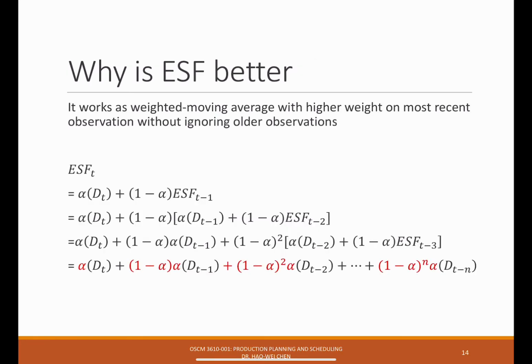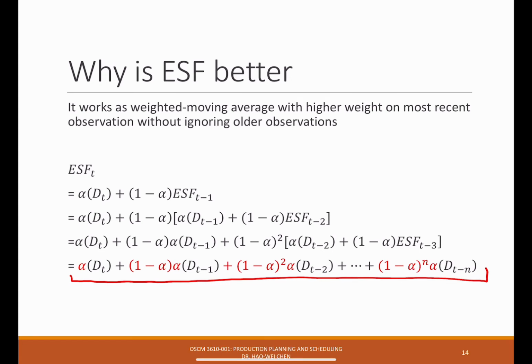So why is ESF better? It works as a weighted moving average with a higher weight on the most recent observation without ignoring the older observations. And if you work out the mathematical formulation in detail, you will see that my exponential smoothing for period t will be equal to something like this.